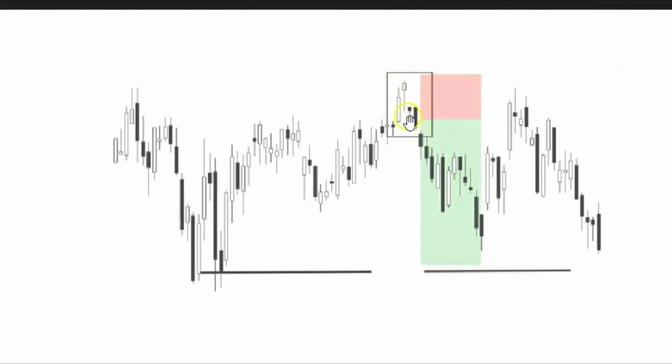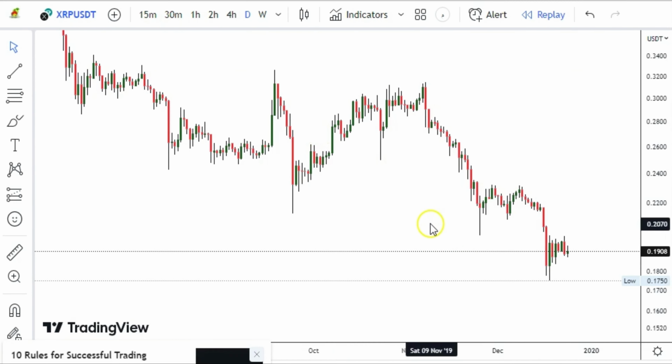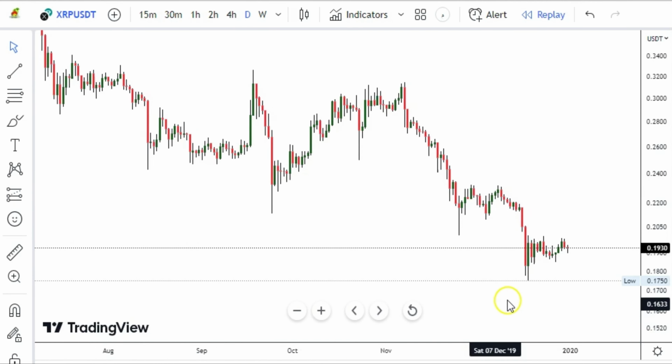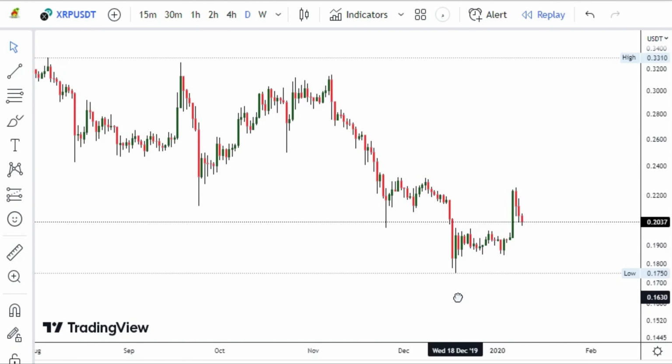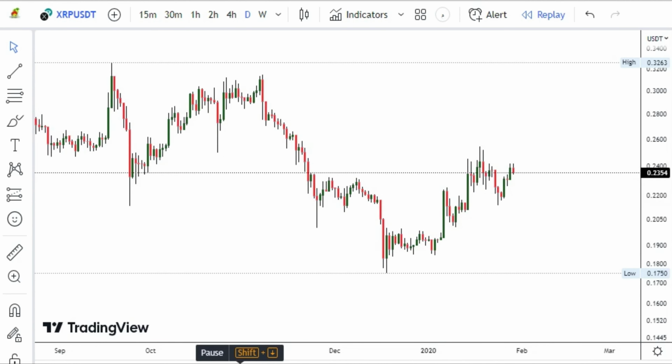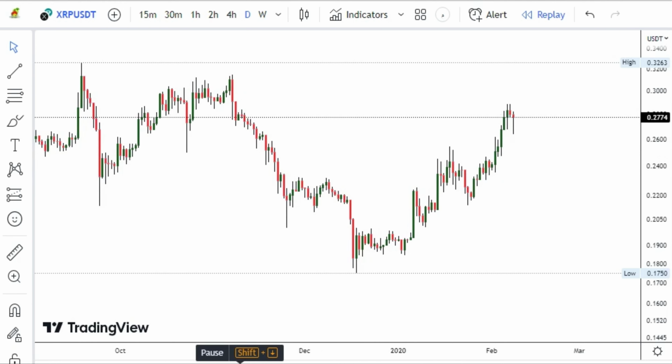In this chart, we'll see how the Hanging Man pattern is affecting the trend. Here, we are in a downtrend, and an uptrend is happening. Okay.